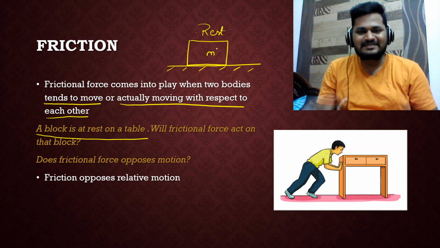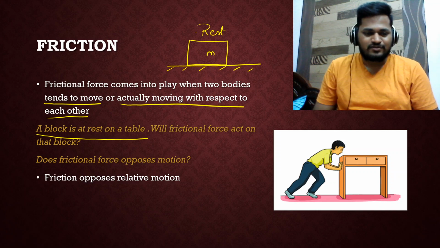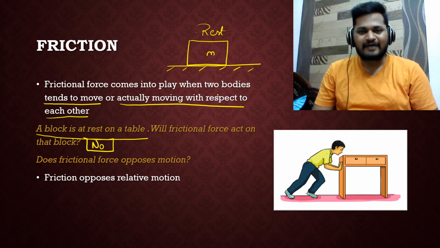If the block is just lying on another surface, is it tending to move? No, it is at rest. Is it moving? Obviously no, it is at rest. So friction is not acting. Will frictional force act on the block? No is the answer. Frictional force doesn't act on a block which is at rest on a surface, on a horizontal surface in this particular case.